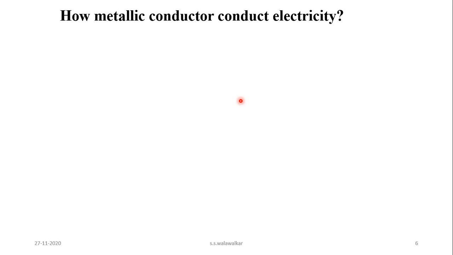The conduction band may be vacant or it may be partially filled by electrons, and in the conduction band, electrons are free to move. These are mobile electrons, and these electrons in the conduction band conduct the electricity.